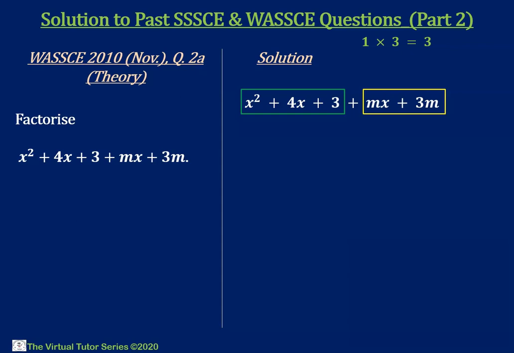And two factors of 3, which sum up to the coefficient of x, or 4, are 3 and 1. Therefore, we put 3 and 1 in place of 4. So the expression now becomes x squared plus 3x plus x plus 3 plus mx plus 3m.